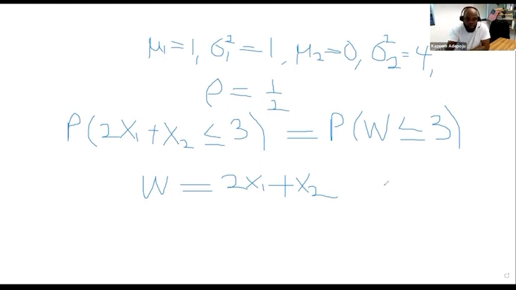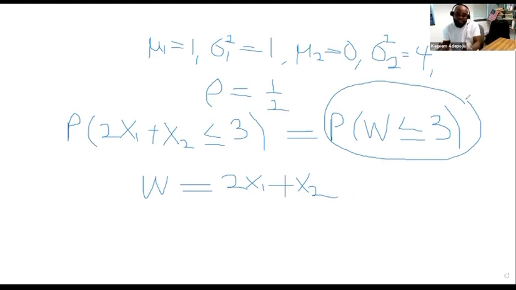Now, if I want to answer this question, where W is a random variable, and X1 and X2 that make up W are normally distributed, then I'm going to be using the idea of a standard normal distribution that we did the other time.